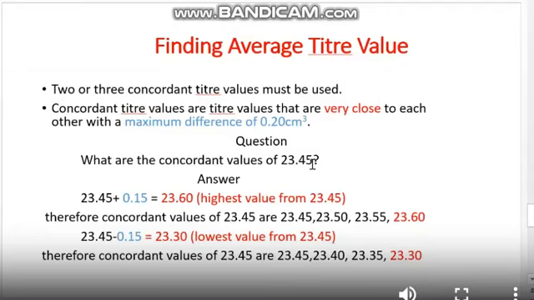So either the values are higher than 23.45 by 0.2. No, now we are using 0.15, remember, by 0.15, or the concordant value is lower than 23.45 by 0.15.